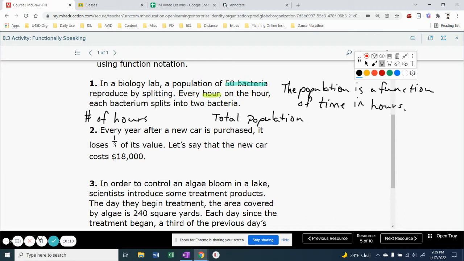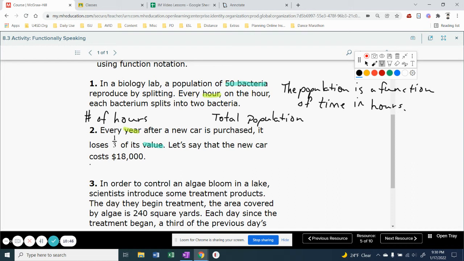How about number 2? Every year after a new car is purchased, it loses 1/3 of its value. So we have some time in years, and we have the value of the car. Which one depends on the other? Yeah.